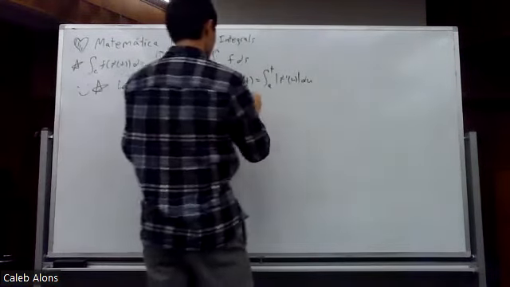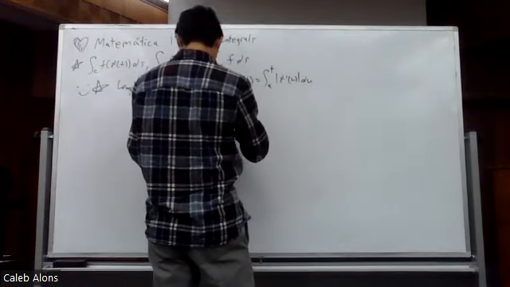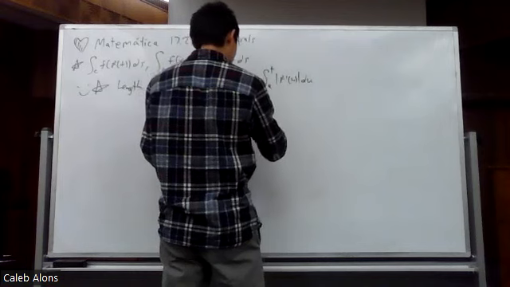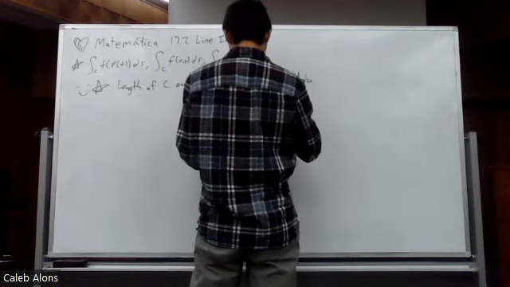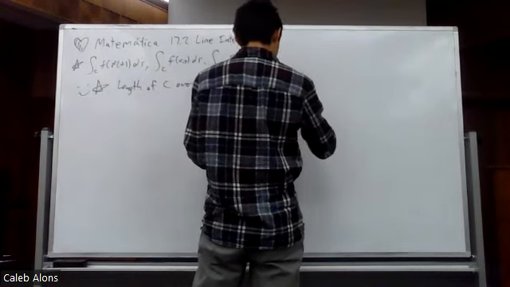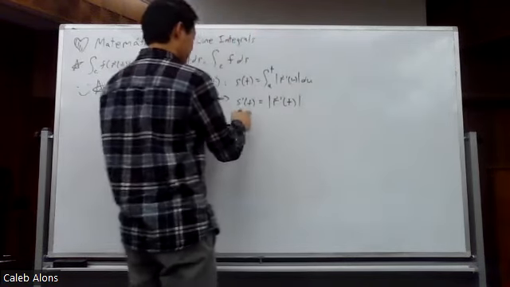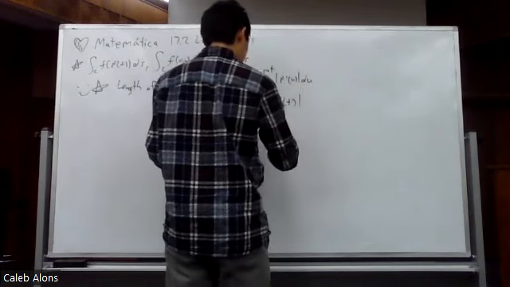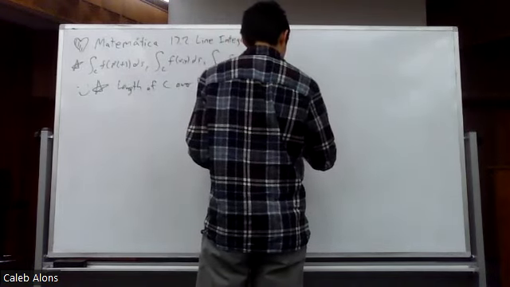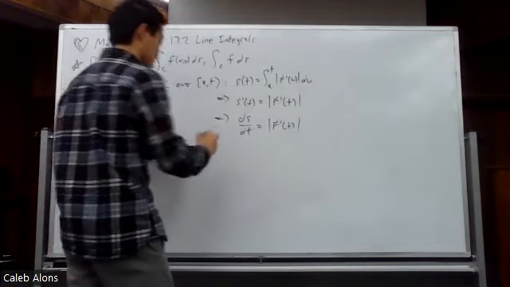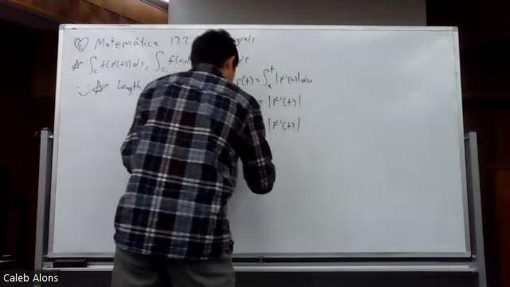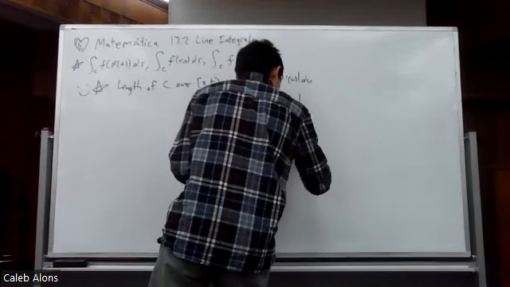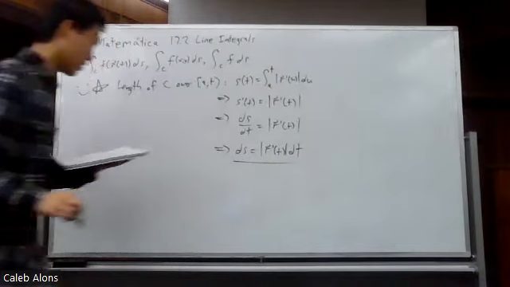And so this tells us that s prime of t is equal to the magnitude of r prime of t. And s prime of t is ds/dt. So ds/dt is equal to the magnitude of r prime of t. The reason I do that is just so you can have a better visual understanding of ds. So this relationship right here is very important.